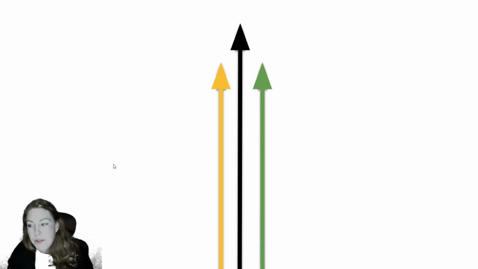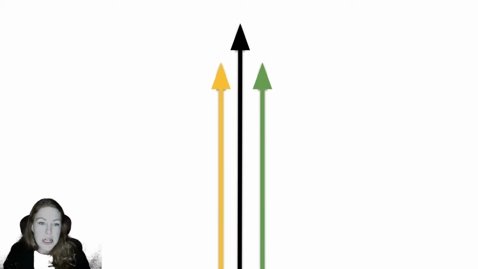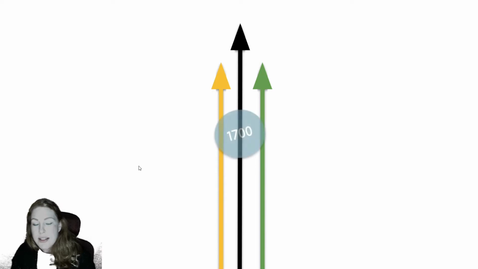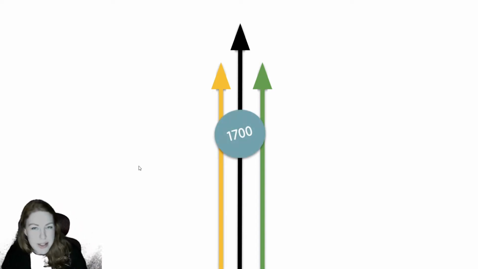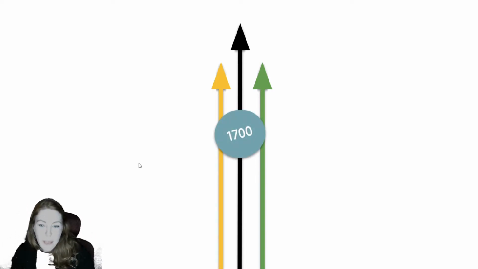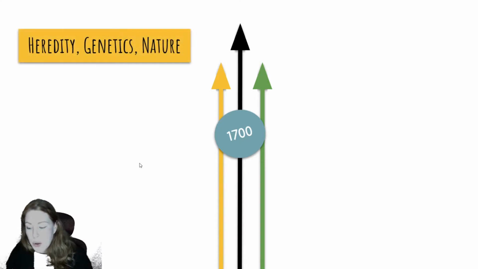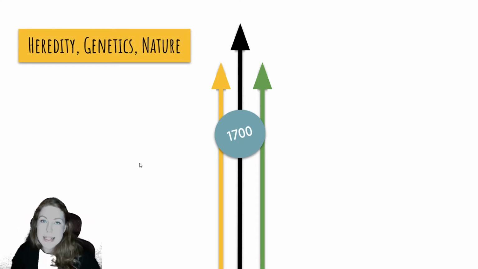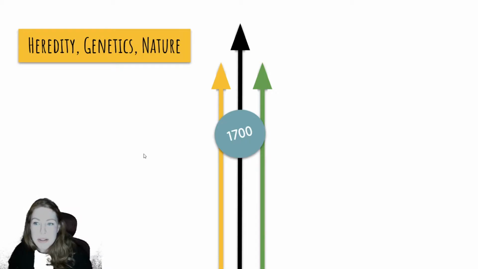There are two schools of thought when it comes to the early discussion of development around the 1700s, which is about the time that the Renaissance begins. The first school of thought is hereditary genetics and nature. Basically, the belief that humans inherently have behaviors and personality traits that come with them when they are born.